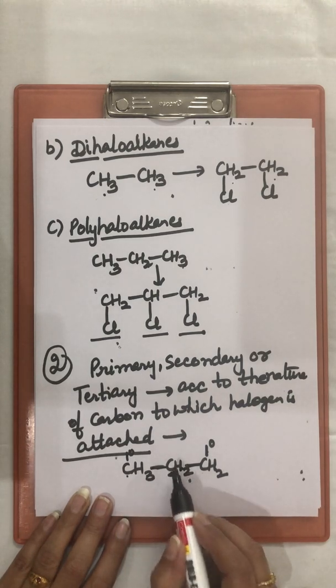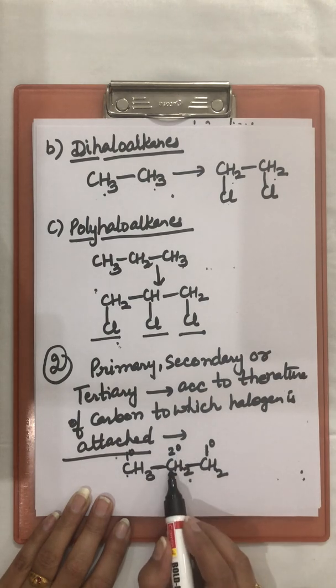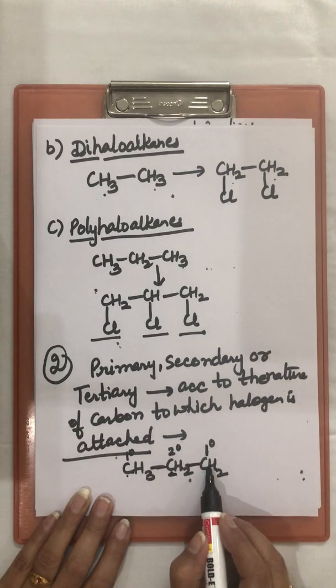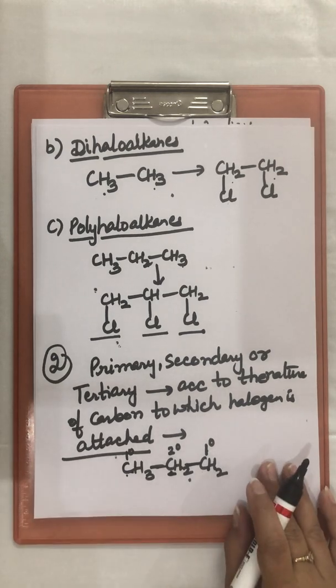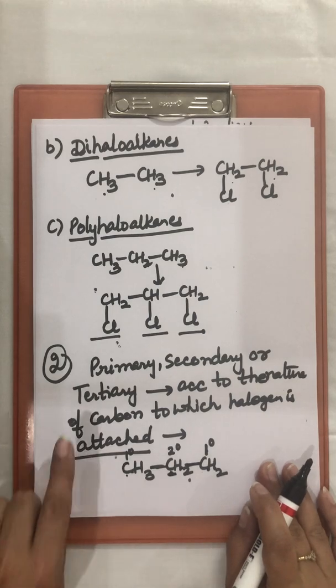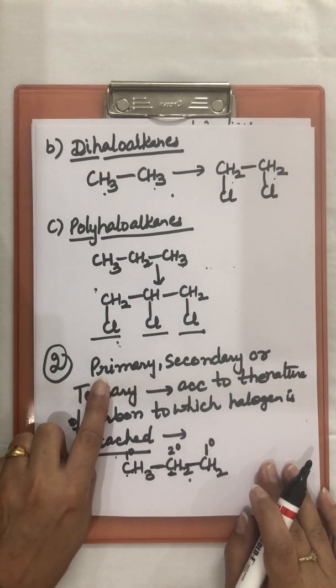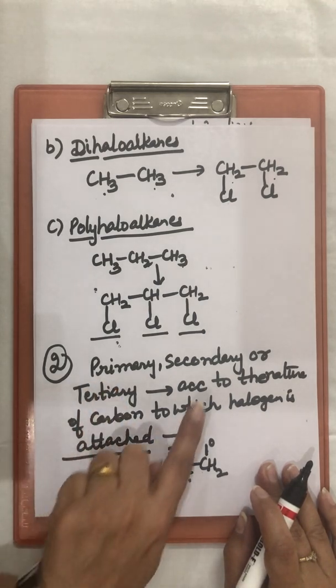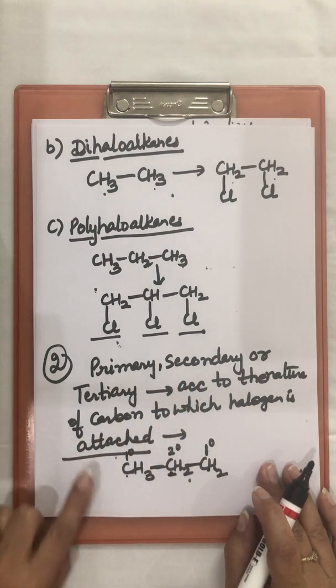While this carbon atom is secondary because this links up with two carbon atoms further. So based on which carbon atom the halogen is linking with, primary, secondary or tertiary, they are classified as primary haloalkanes, secondary haloalkanes or tertiary haloalkanes.